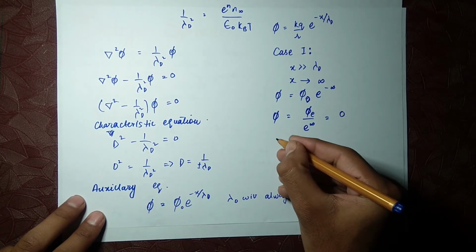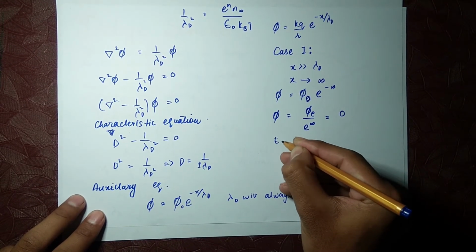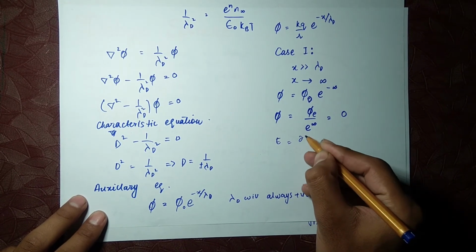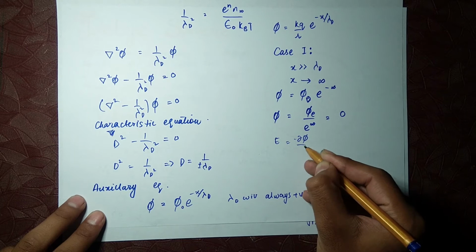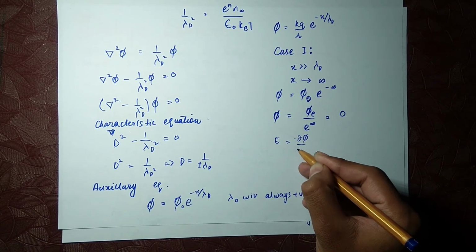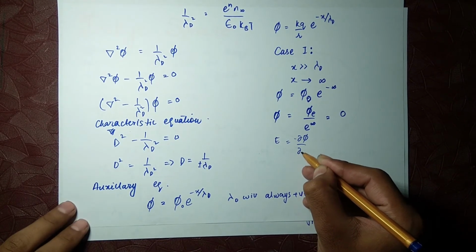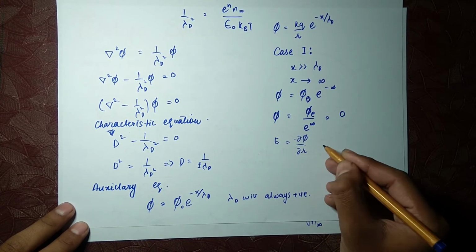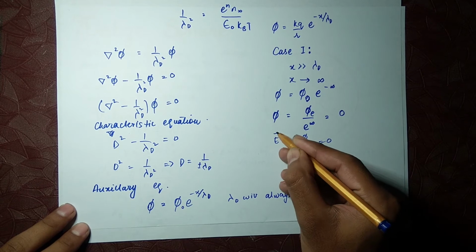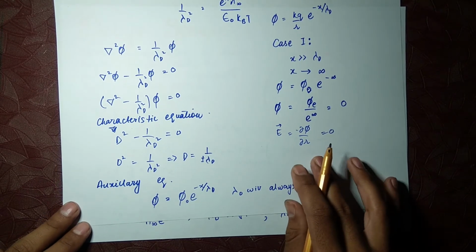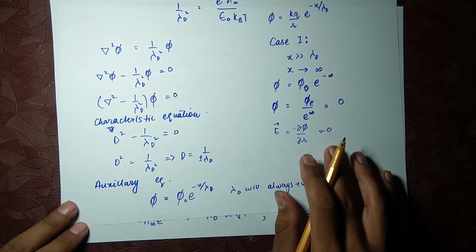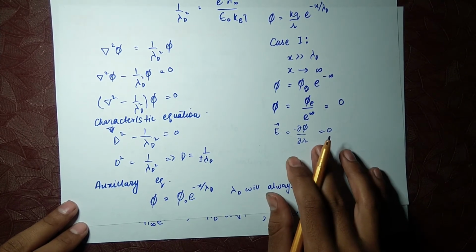So we know that E is equal to the negative of partial phi by partial r, and this term will be 0, so this whole term will be 0. So the electric field generated from this is also equal to 0.